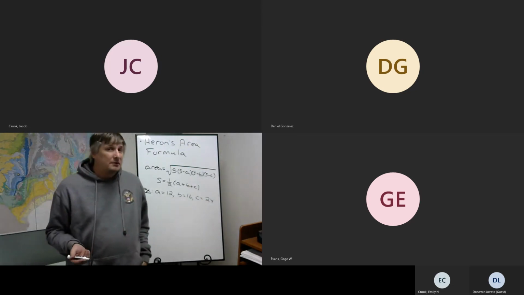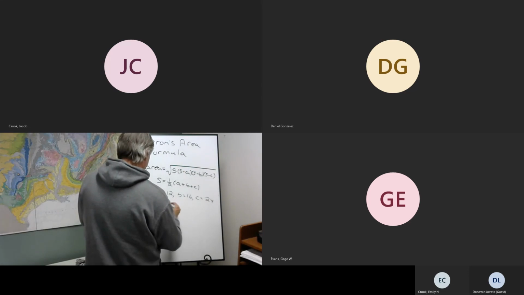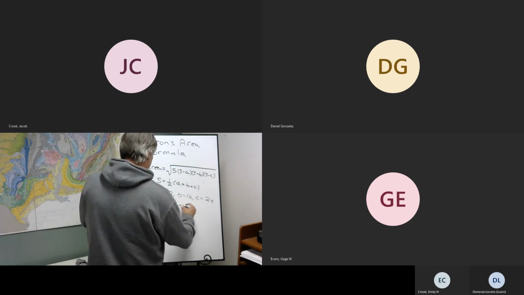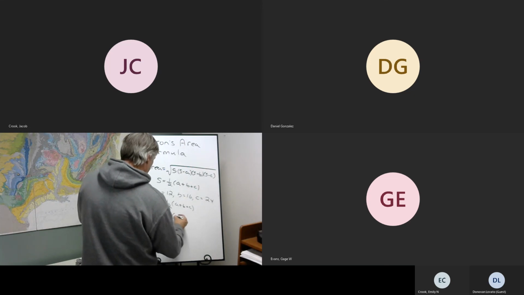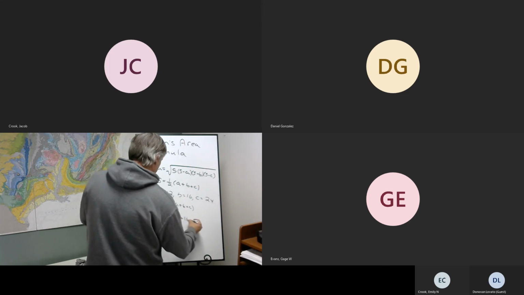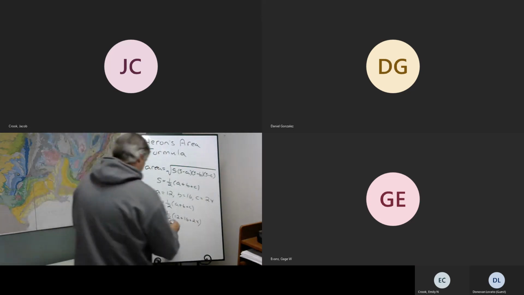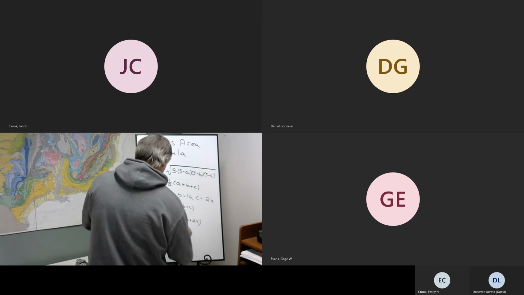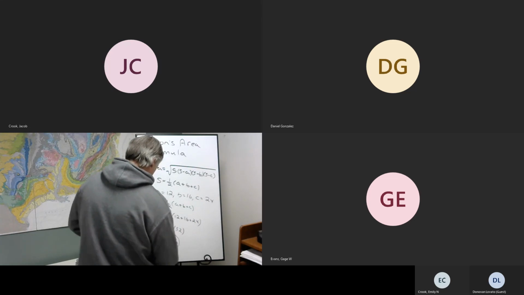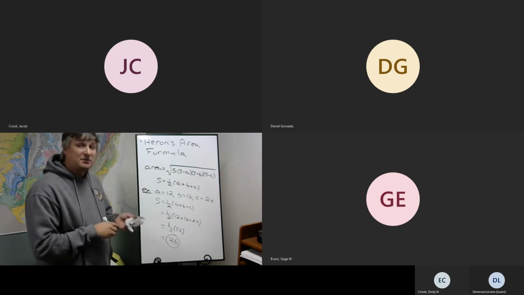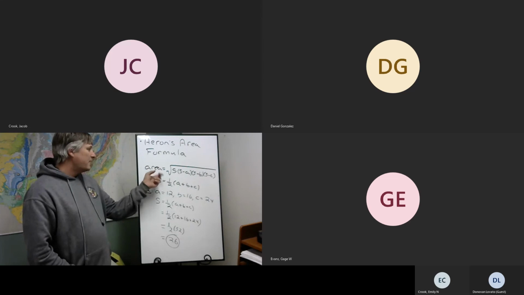So the first thing you're going to want to do is compute S. S is 1/2 A plus B plus C, or 1/2 12 plus 16 plus 24, or 1/2 of 52 or 26. So we find out that S is going to be 26. Now that we have S, now we can get the area.